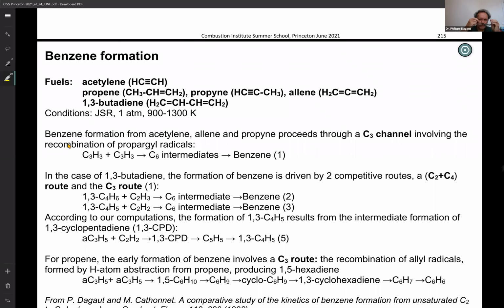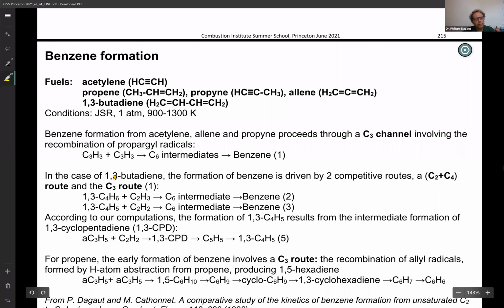Benzene formation from acetylene, but also allene and propyne, under our conditions mostly proceeds through a C3 channel, which involves the recombination of propargyl radicals, C3H3 plus C3H3, which gives several different C6 intermediates, which in turn will produce benzene.